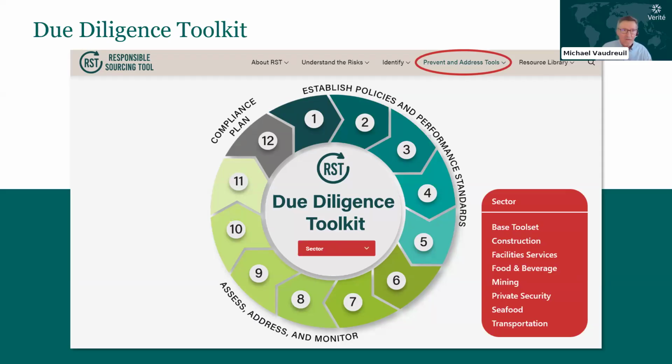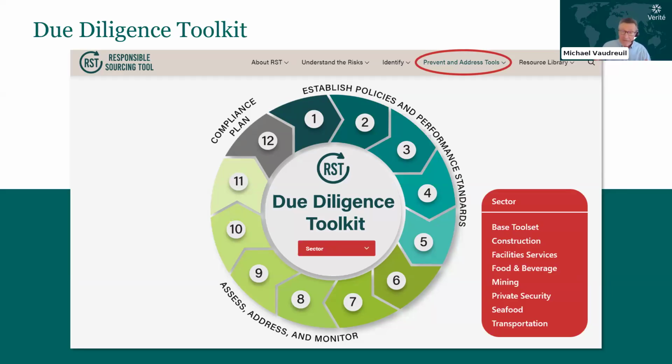When you go to the Prevent page, the main page, you get this diagram. What this diagram illustrates are the 12 tools in the due diligence toolkit. They're aligned with the OECD and with other forms of due diligence guidance.